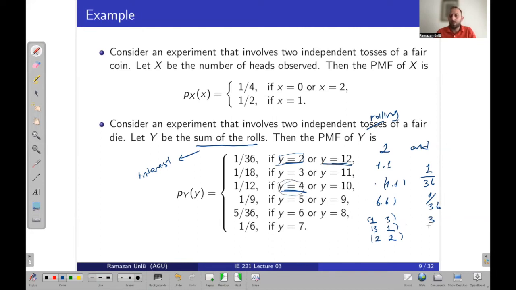So we have 3, and the total pairs are 36, right? This is the number of all pairs from our omega. That's why the probability of this one is 1 over 12. If I write it explicitly, the probability of Y equal to 4 is 1 over 12. So this is the probability mass function for this example.